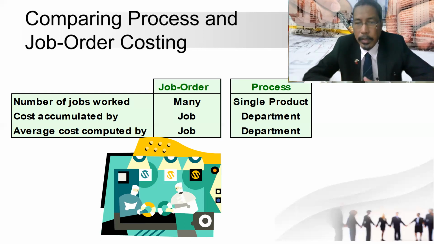So in the process, they are attributed to department. So who made the expenses? No, the job. Who made the expenses? The department. So if the cost is attributed to job, that is job order. If the cost is attributed to a department, that is process. Okay.